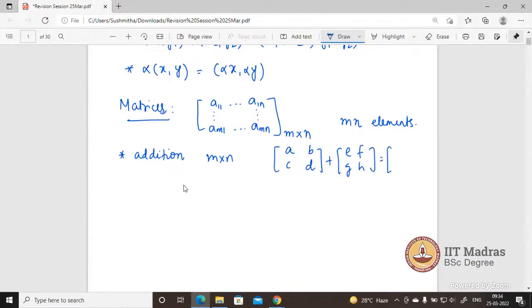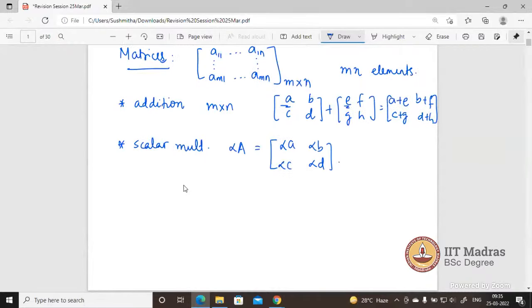So I add the first component here with the first component here. C plus G, D plus G, right? Yes. And how did scalar multiplication work? All elements. Yeah. So if I multiply a matrix with a scalar, I multiply each of the elements with the scalar.